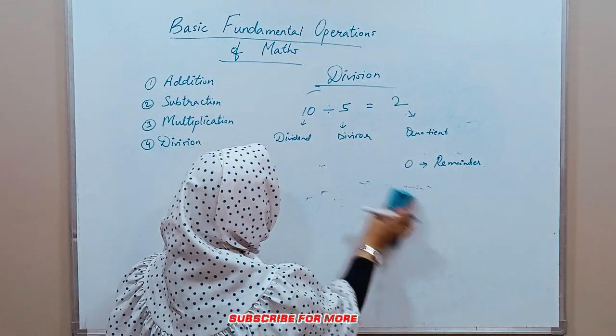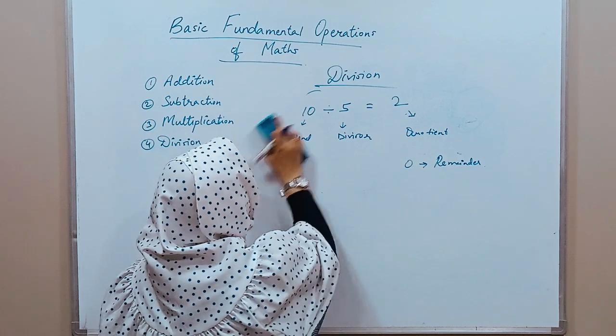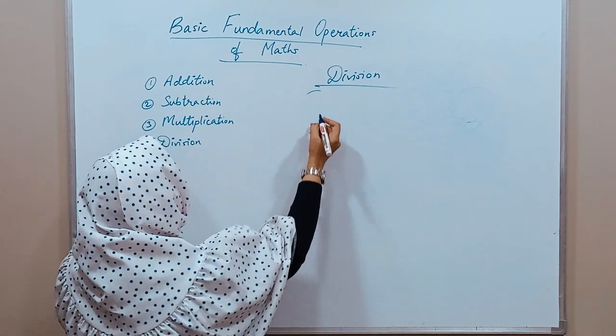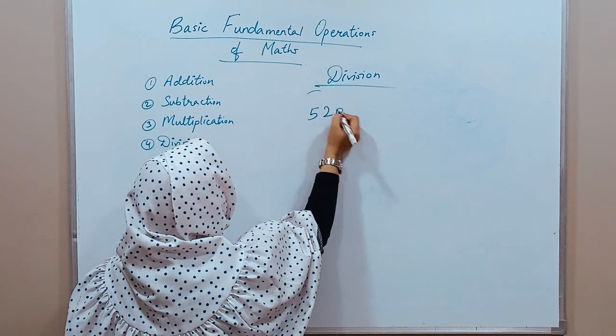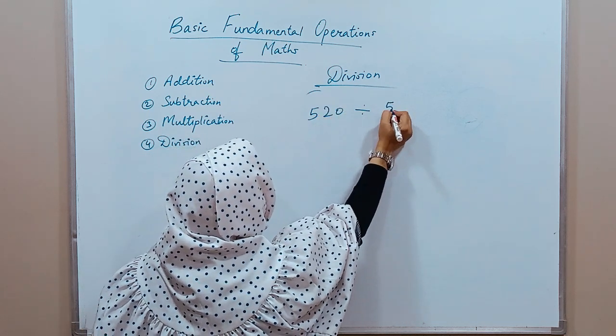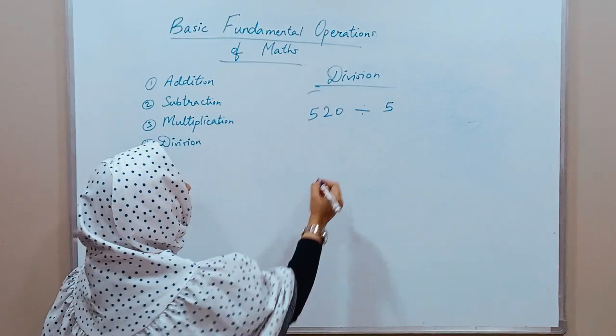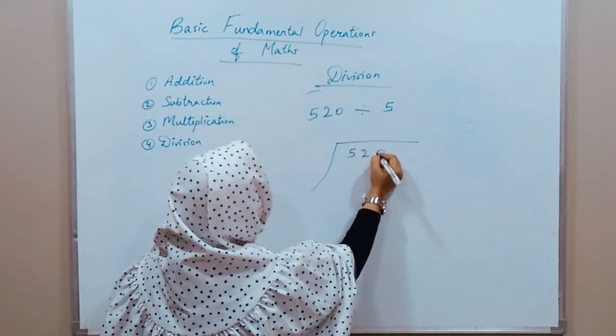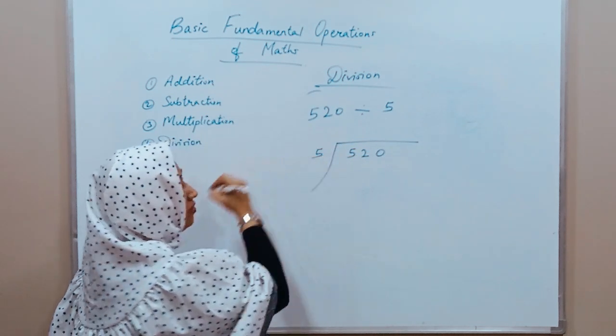Now let us take a bigger number. Suppose the number is 520 divided by 5. So 520 is your dividend, 5 is your divisor.